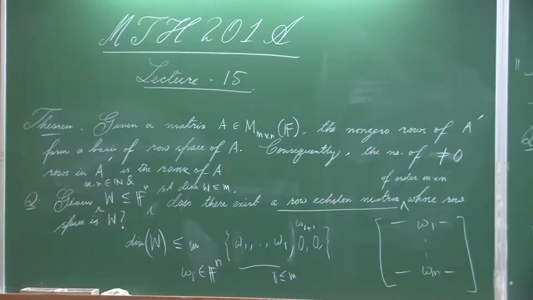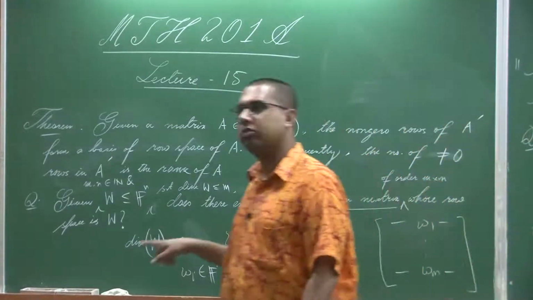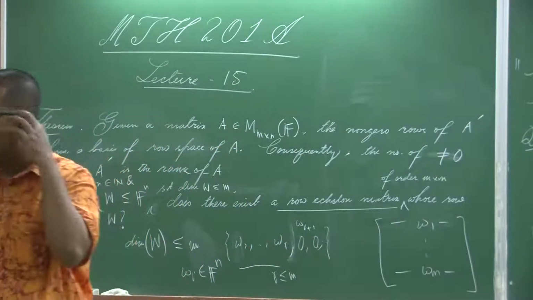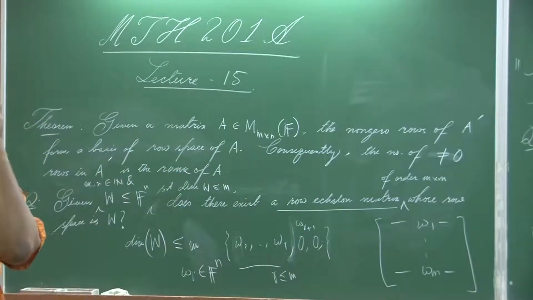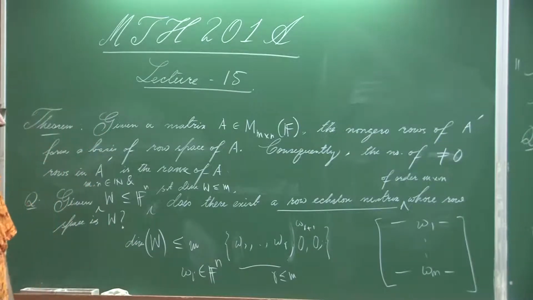Now, this statement says that there is a row echelon matrix whose row space is W. So the natural question that comes at this point is, how many such row echelon matrices are there whose row space is W?